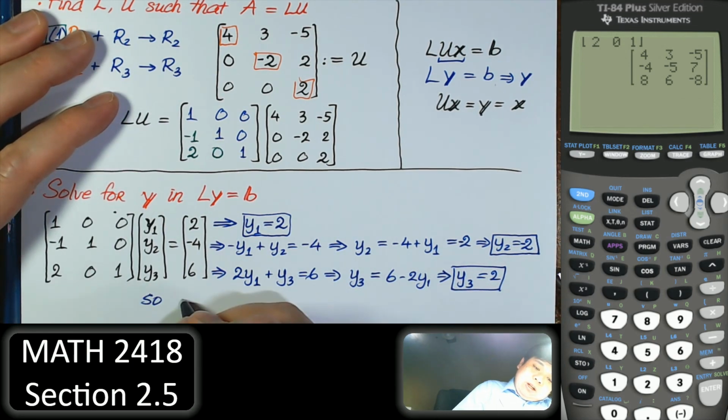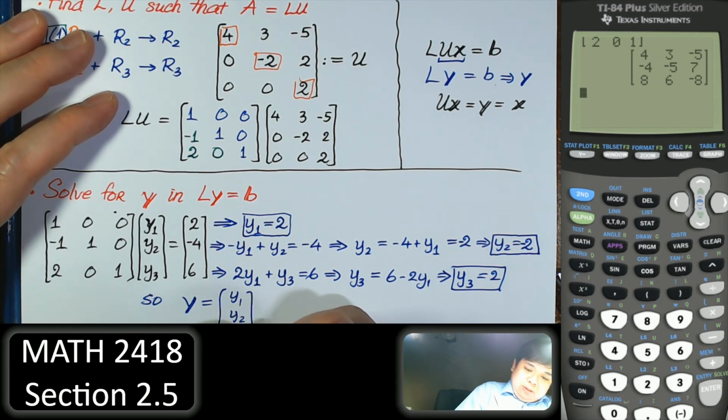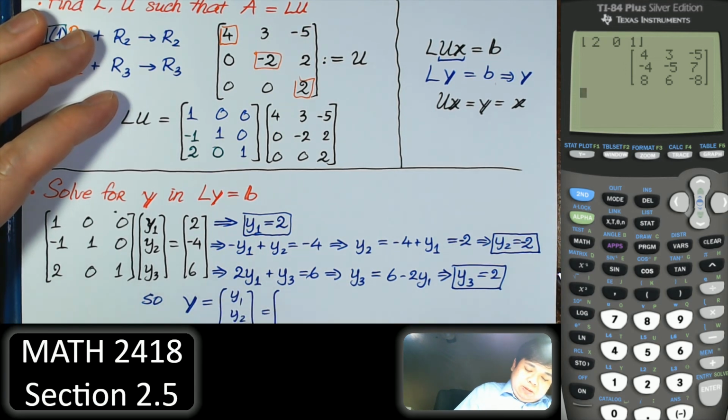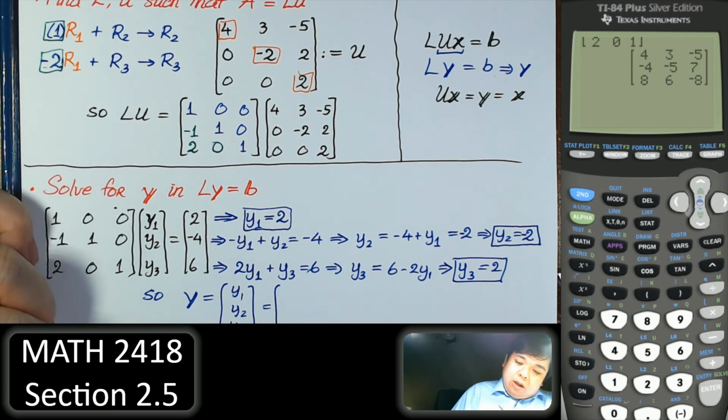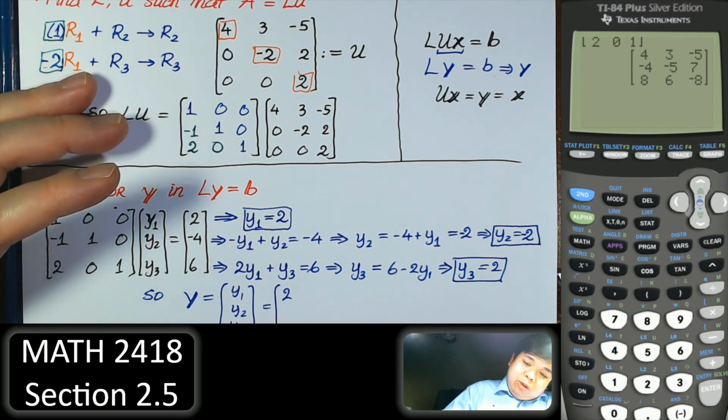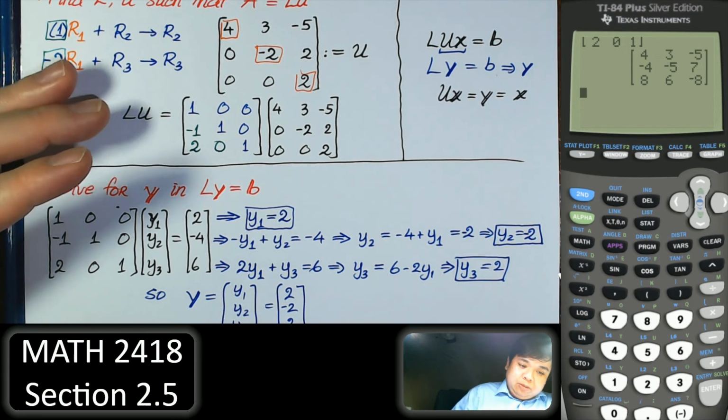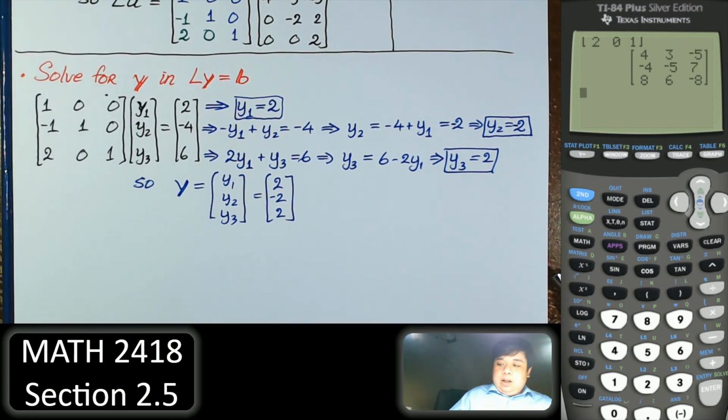So vector y, y1, y2, y3 is 2, -2, and 2. Right.